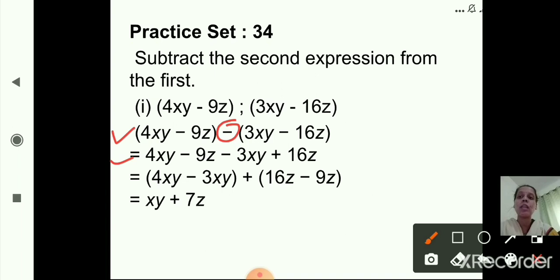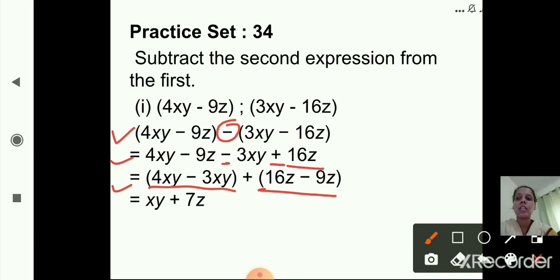So for 3xy, here it is a minus sign, and minus minus becomes plus. So minus 3xy plus 16z. Now in the third step we write like terms together with their signs: 4xy minus 3xy together and plus 16z minus 9z together. Now we will solve these brackets.